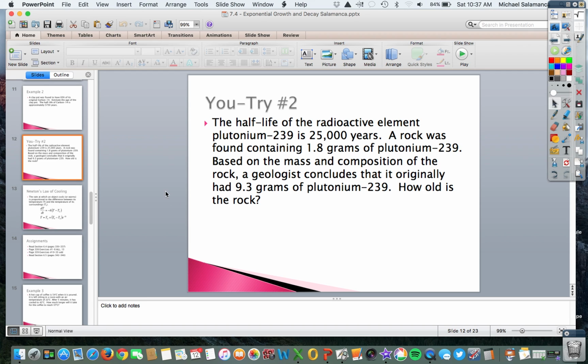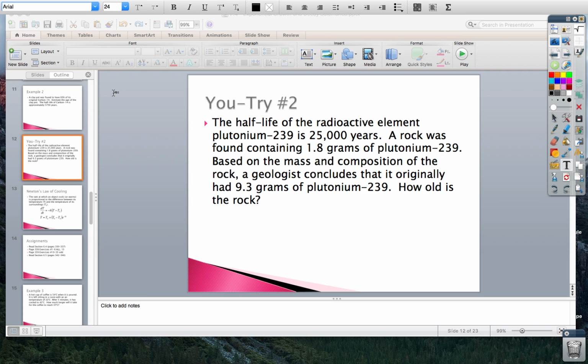So, for this particular case, we're going to look at what we have. Now, starting again with our original, we had y equals y sub 0 times 2 to the negative t divided by tau.